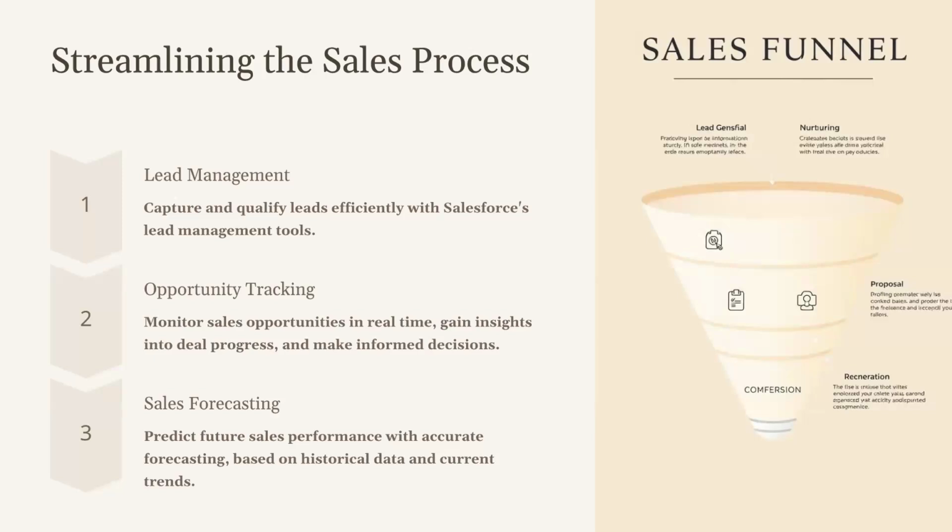The final thing is sales forecasting, where we can predict future sales performance based on how current things are going and what we can improve from our side. By that we will be able to crack future deals, if we are not able to crack the current deals.